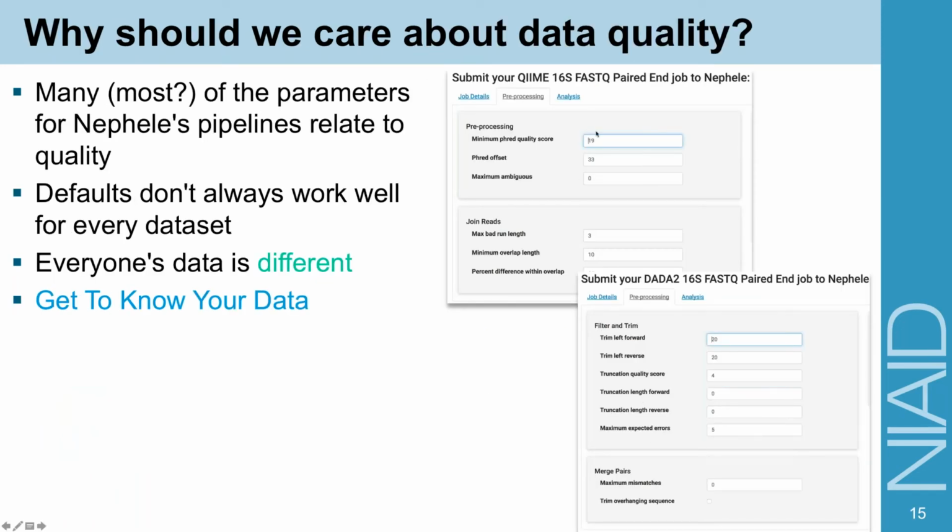You can't see it here, but it would be on this tab that says analysis. So for both the QIIME 2 and DADA2 pipelines, there's a field where you can set the sampling depth for the downstream analysis. By default, it's set to I think 10,000. So if you don't put anything in that box, it'll be 10,000. But as long as it's a positive number, you can put it in that field there.